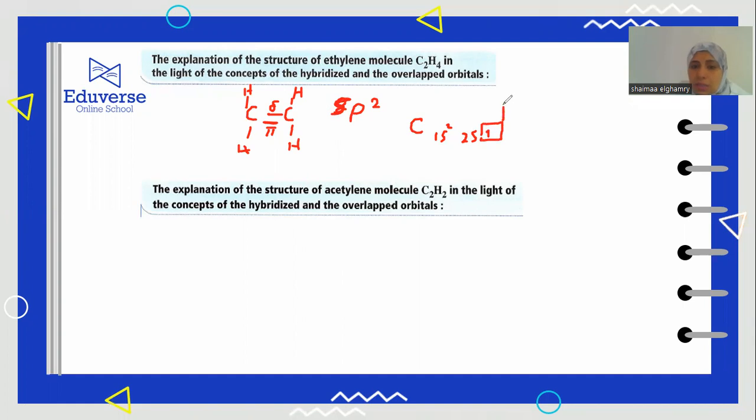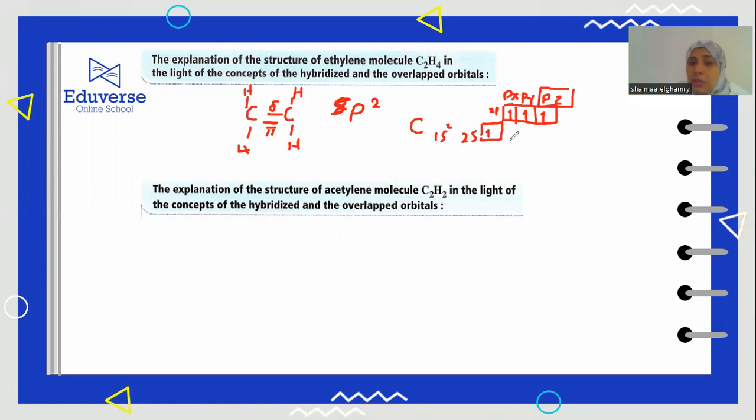After excitation, it has only 1, and 2p, which has 3 electrons after excitation. So this is px and py and pz. Px, py, and 2s are going to hybridize with each other without what? Without pz. And pz will not share in hybridization.